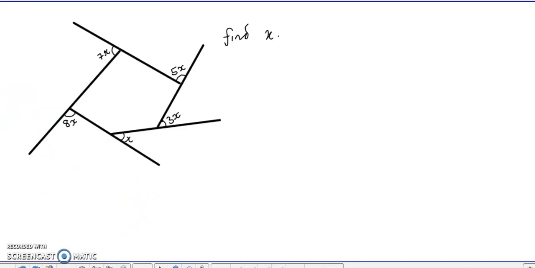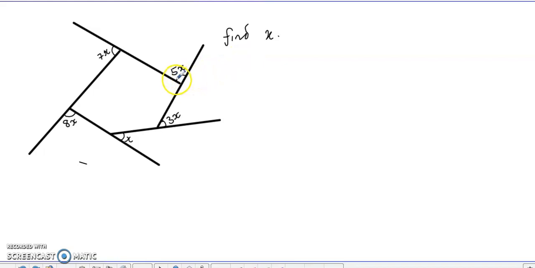Now, one more question before we go. Look at this shape. You can see that this shape is an irregular polygon because the angles are not the same and the sides are not the same. And all these angles are the exterior angles. There is no interior angle there. Now here we are asked to find the value of x.